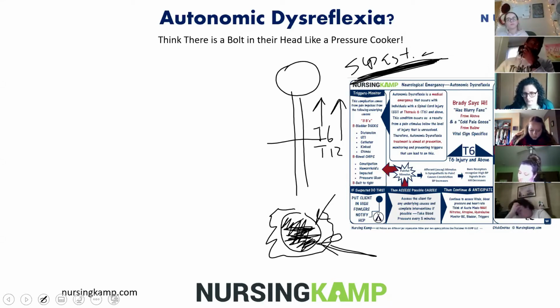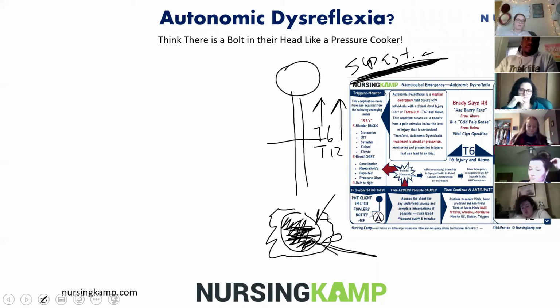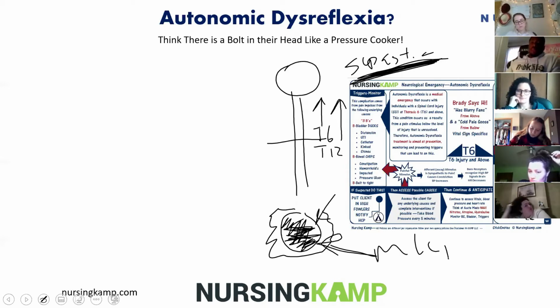That's why it's such a big deal, because it could elicit this stress response, and this whole autonomic dysreflexia can start and be problematic for the patient. A normal person will feel a micturition reflex and feel like they have to go to the bathroom, but a paralyzed person will not. And that's where the problem comes in, because it's happening, but they don't know it's happening.